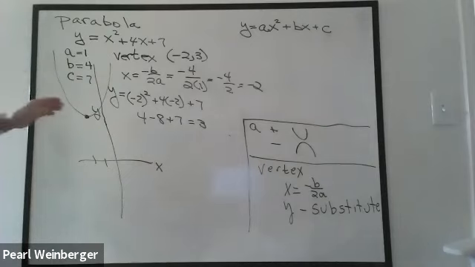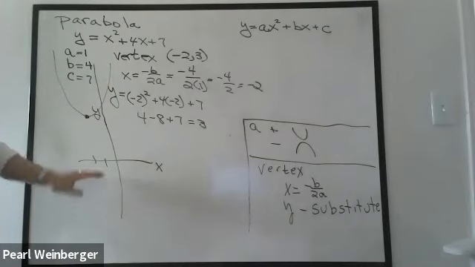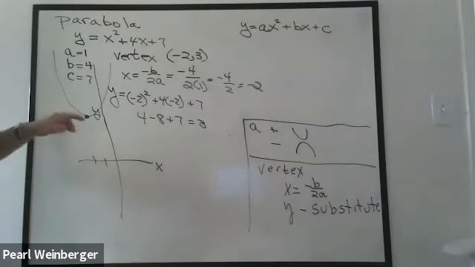Sometimes, most of the time, if your parabola opens up and is below the x-axis, it will cross the x-axis. If it opens down and it's above the x-axis, then it'll cross the x-axis. You first sketch it to see whether you have anything else that you can figure out.